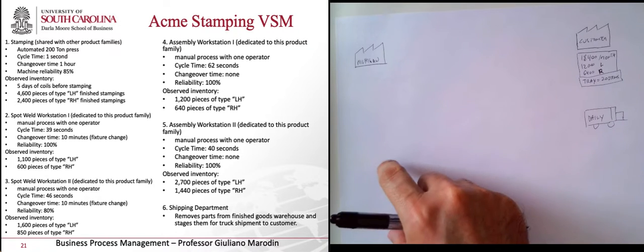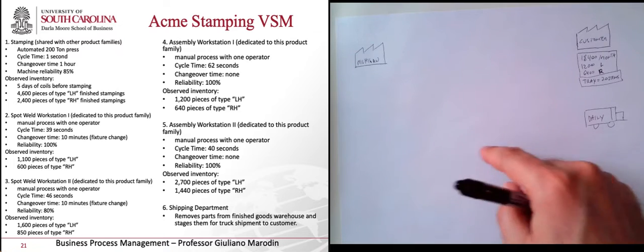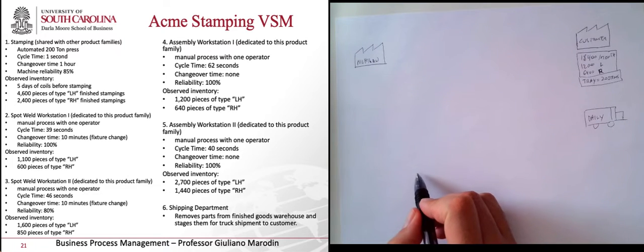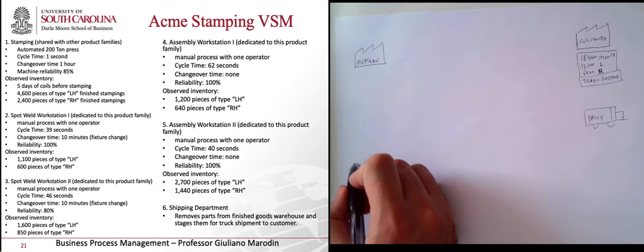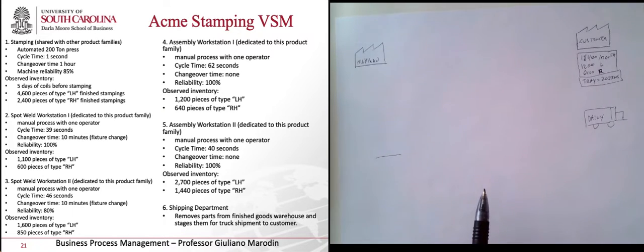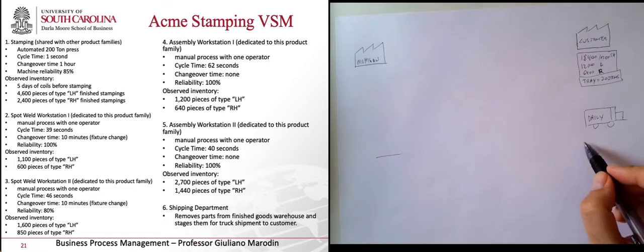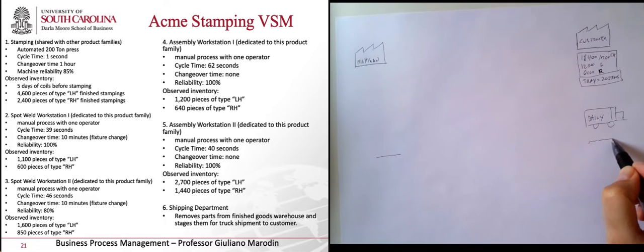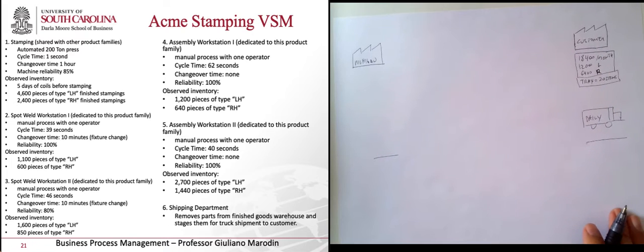On the bottom, you can divide the map in half, and I'm going to have the process steps here. So I have 5 process steps plus shipping, so a 6, and the last one is exactly here at the end of my map.